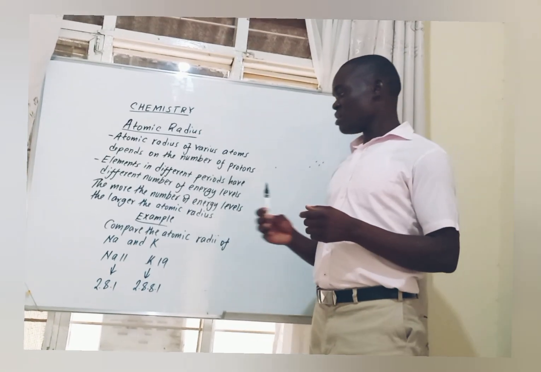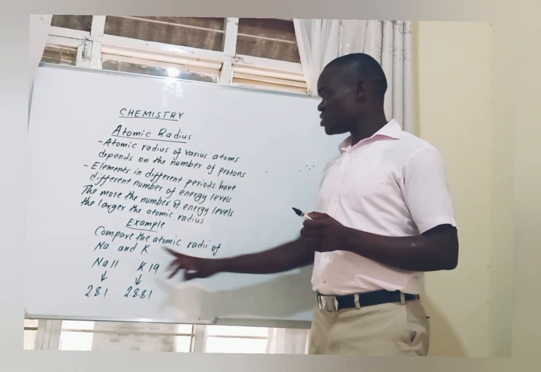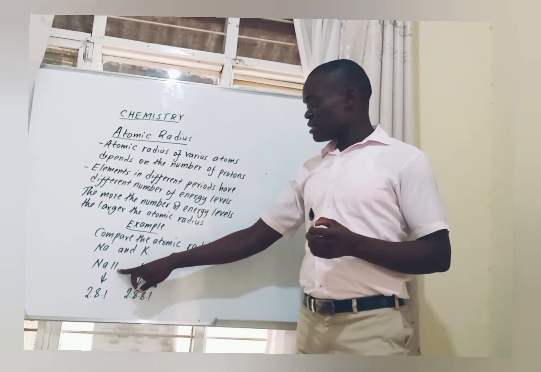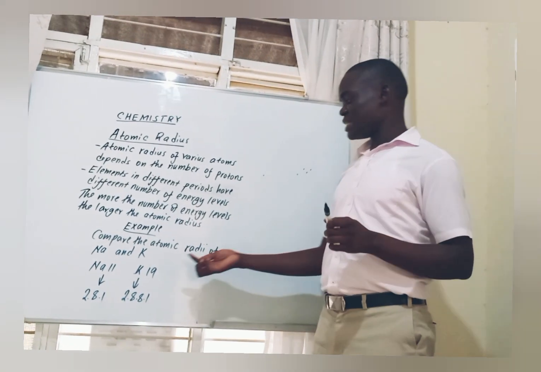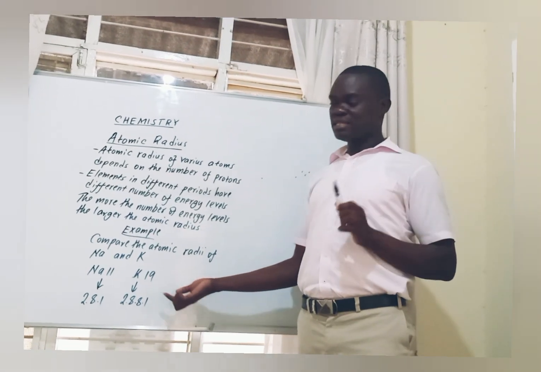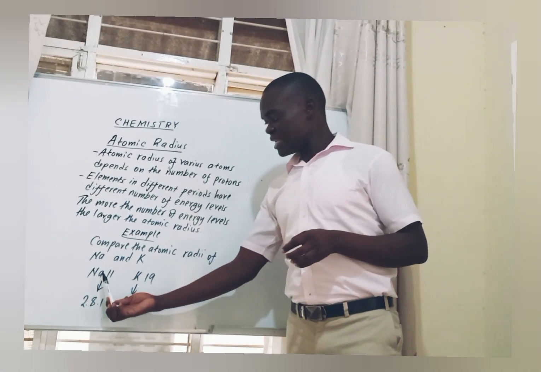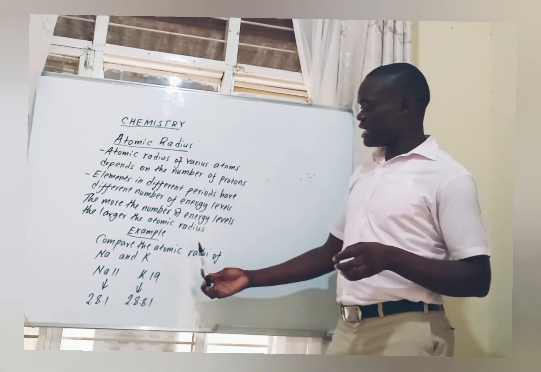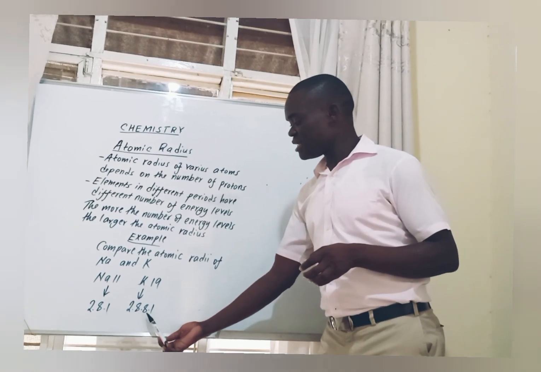For example, when you are asked to compare the atomic radii of sodium and potassium, sodium has atomic number 11, while potassium has atomic number 19. When we write the electron configuration of sodium, it is 2, 8, 1. But the electron configuration of potassium is 2, 8, 8, 1.